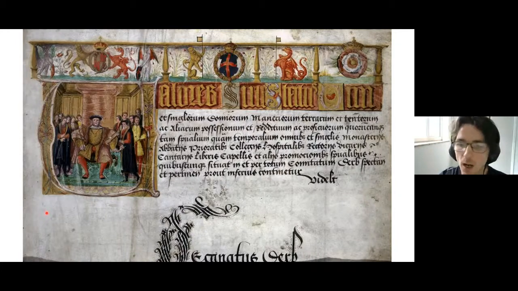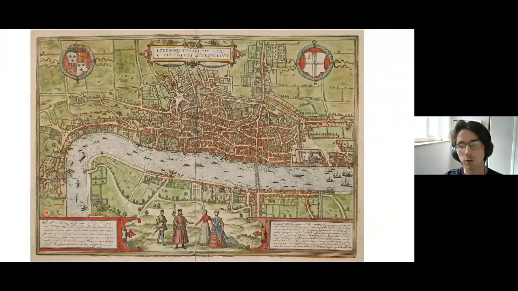Another foray into colour. This is a map of London that appeared in the latter part of the 1500s, published in Holland, but it's actually from an earlier image. This is one of the oldest map views we have of London, and it's a derivative of the so-called copperplate map.